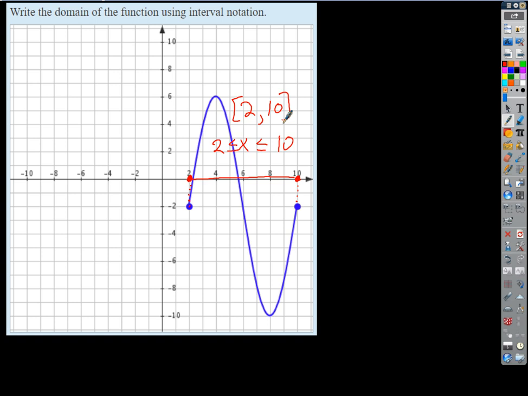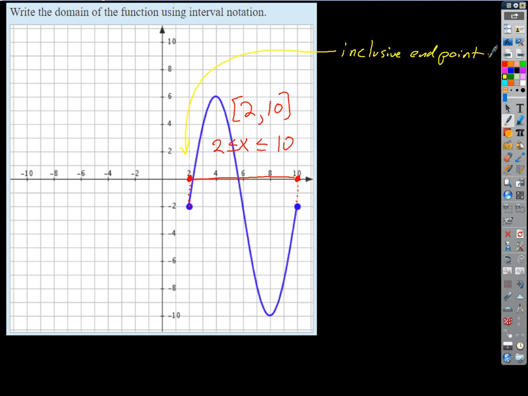Remember, here's a statement I think really helps. You understand what inclusive versus exclusive means, right? Inclusive means containing, exclusive means not containing. So this is an example of an inclusive endpoint. It includes the endpoint.